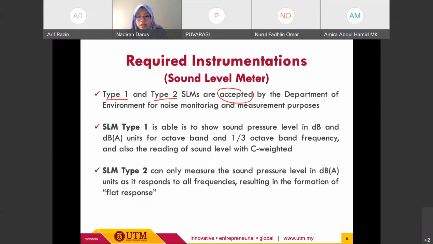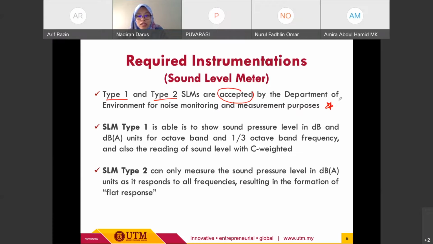So as long as we are able to provide information in terms of sound level values, okay, sound level for each proposed location, then kira dah sufficient lah in terms of the information.